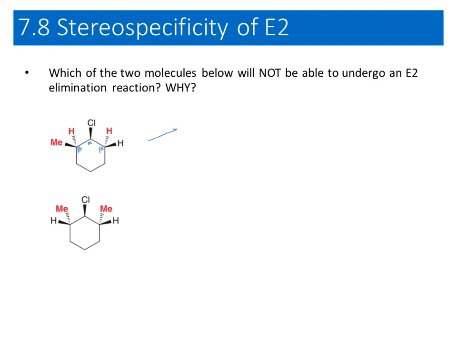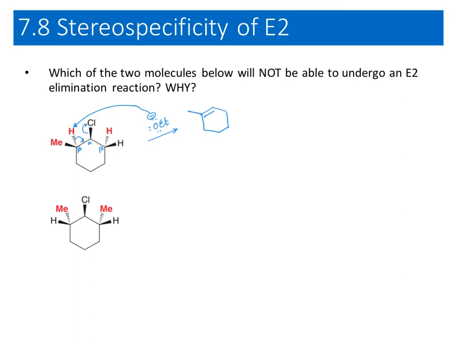Now if it happens in the left side, base is coming, forms a double bond and leaving group leaves. I'm gonna get this product. So remember, the alkene is planar, so there is no point to show wedge and dash here.